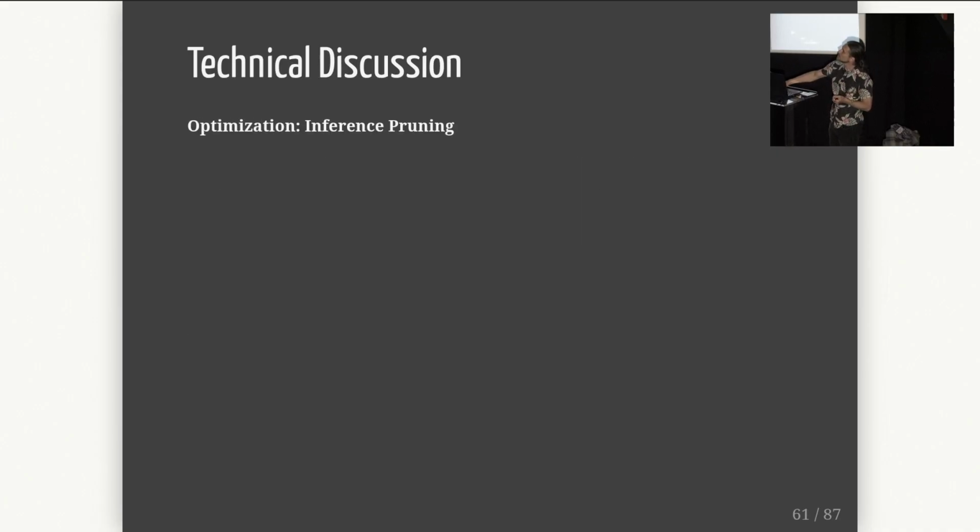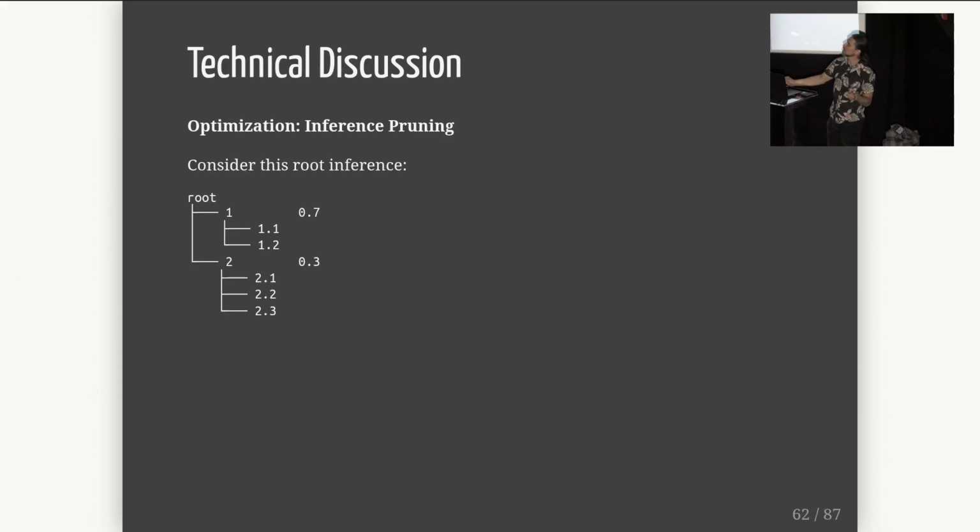And there's one optimization you can do as well. If you don't care about quantifying uncertainty across all levels and you just care about a point estimate, you can prune. So if I'm 70-30 on this tree at the root, then the min max probability on branch 1 is 0.35, because I can't go any lower than just splitting that 70% equally.